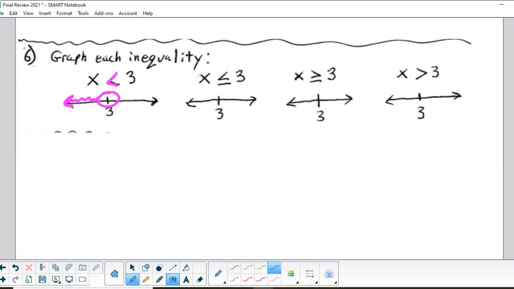Okay, got it? All right, so I know they all have circles, just some of them are solid. And we know it goes with the arrow, right? Goes that direction.